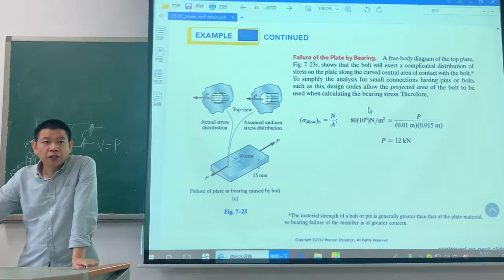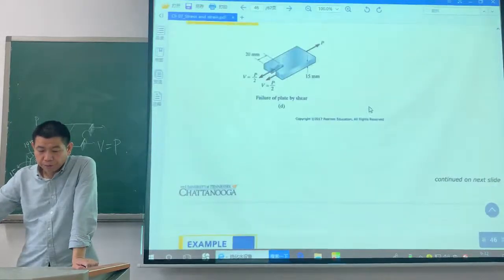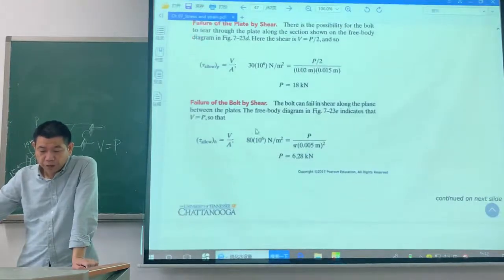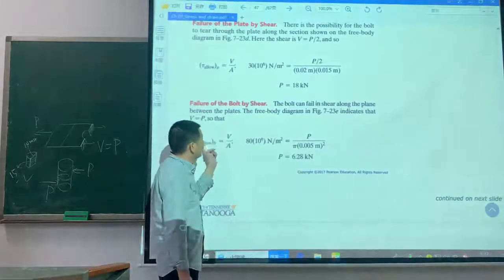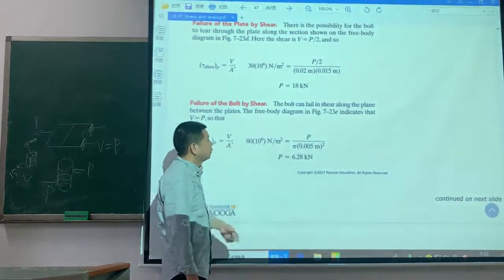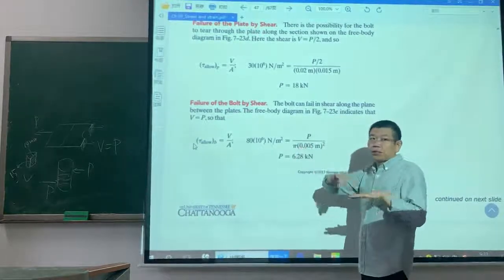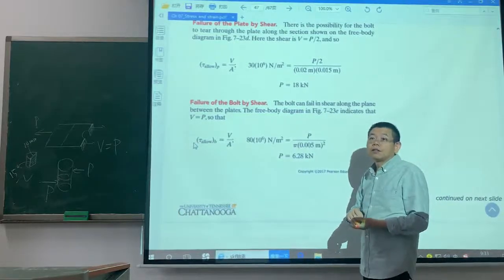There is another law of stress, shear stress. A law of shear stress is P over the area. The area is the cross section of the bolt.